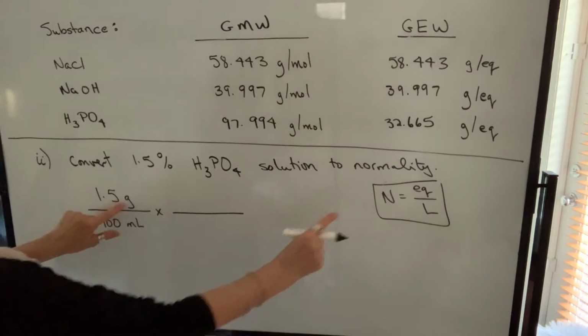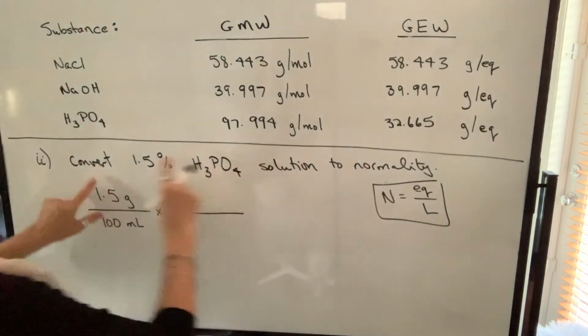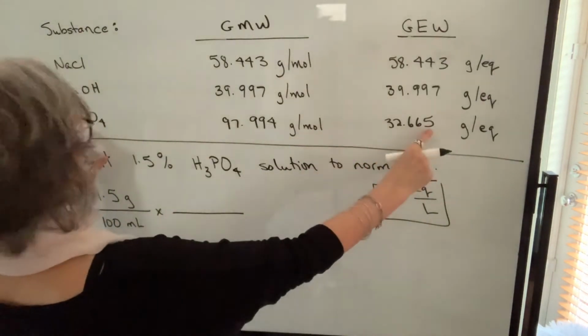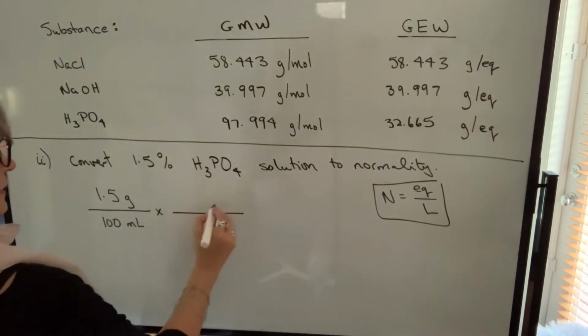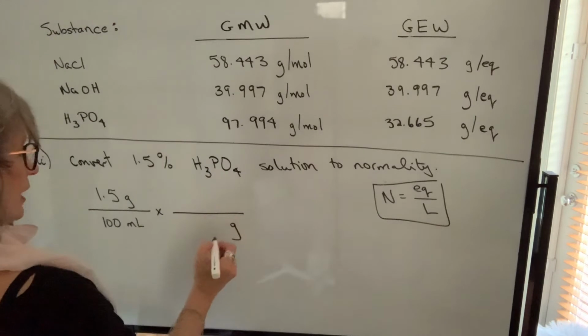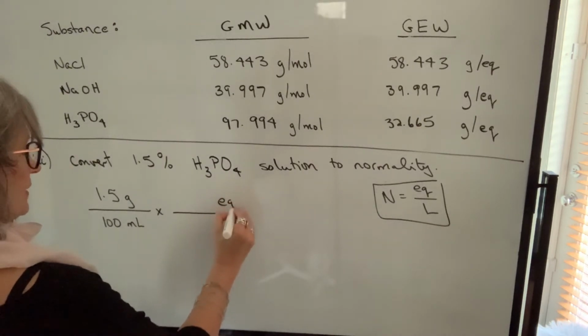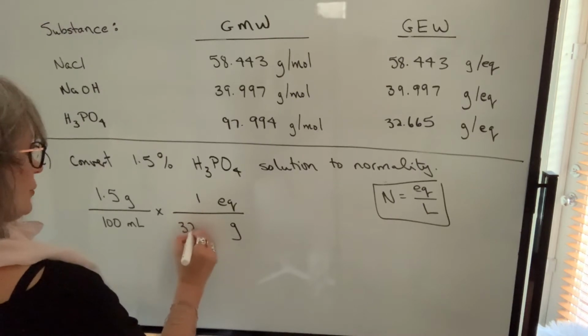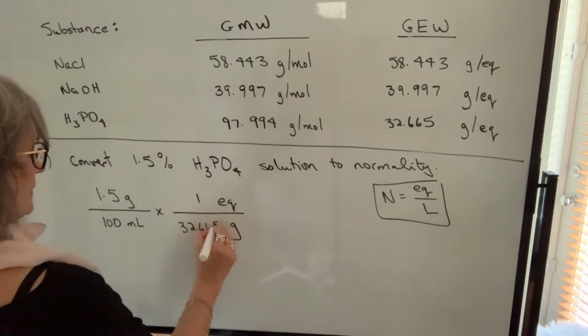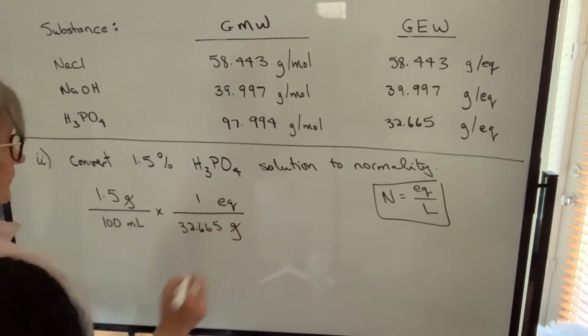We want to change grams to equivalents, so we're going to use the GEW of phosphoric acid. So we know that grams needs to cancel, so we put grams in the denominator, replace it with equivalents, and we know that 1 equivalent is equal to 32.665 grams. That will cancel.